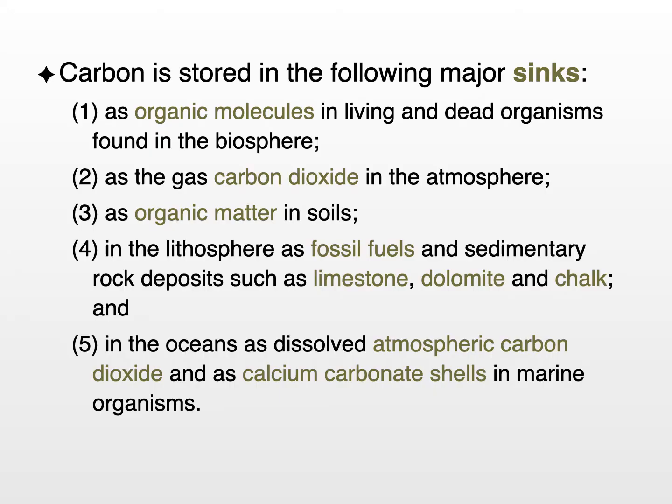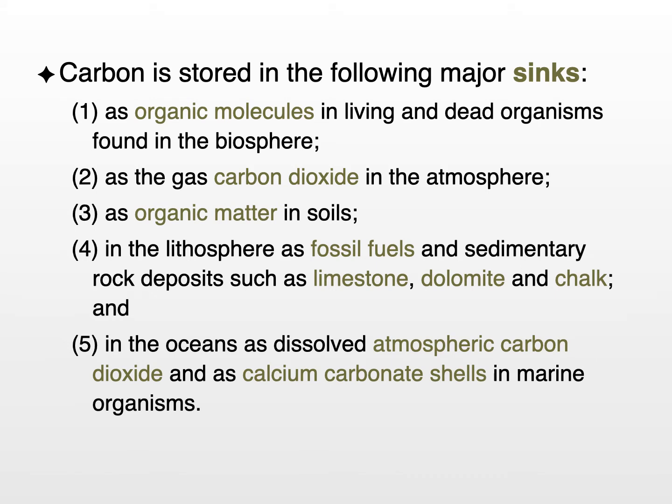So as I said, carbon is stored in the following major stores, or another term that's used, sinks. It's stored as organic molecules in living and dead organisms found in the biosphere. Carbon is stored as a gas in the atmosphere, also in the oceans as a gas. It's stored in organic matter in soils. Some of that organic matter might be alive, right? It might be decomposing organisms, or it could just be dead organic matter that's about to be decomposed.